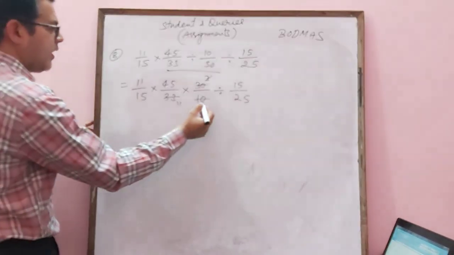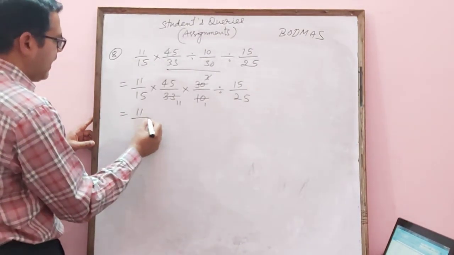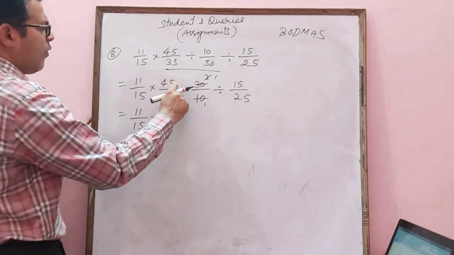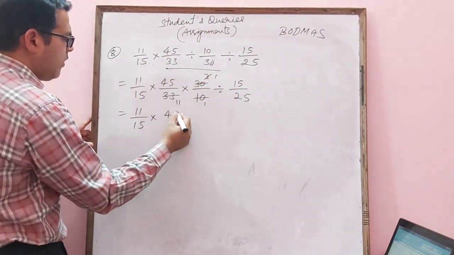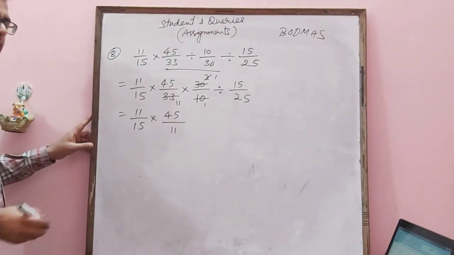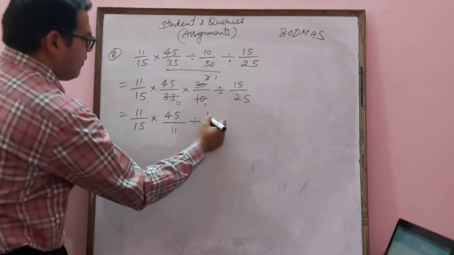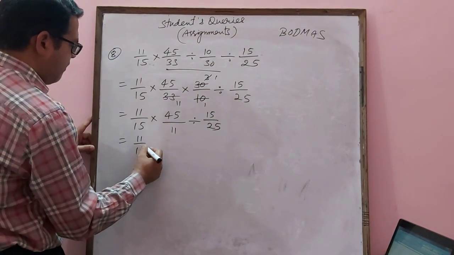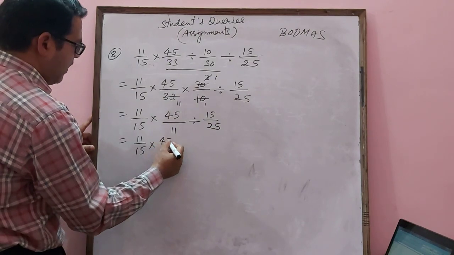Hope you understand, guys. So we can write here 11 by 15 into, what is left over here? 45 into 1. It means only 45, and downside 11 into 1, 11. Right? And in division 15 by 25. So 11 by 15 into 45 by 11.